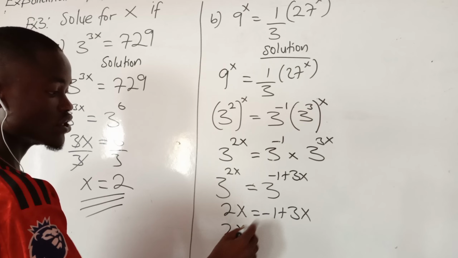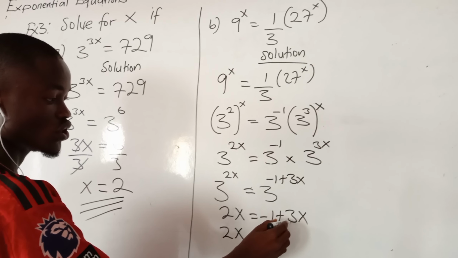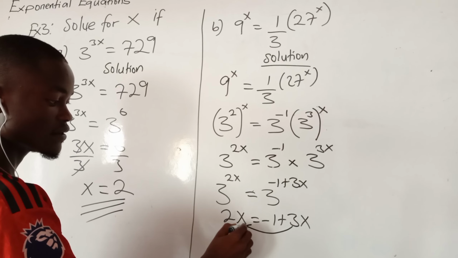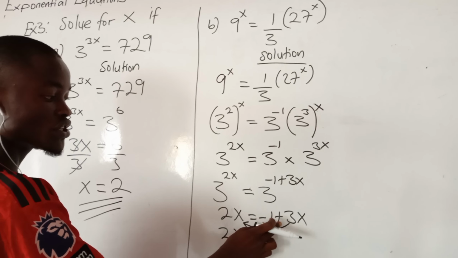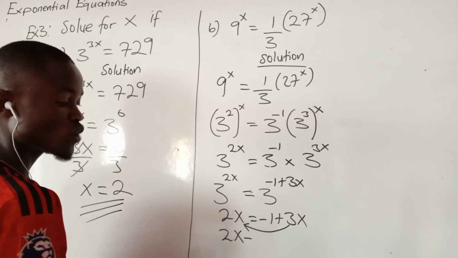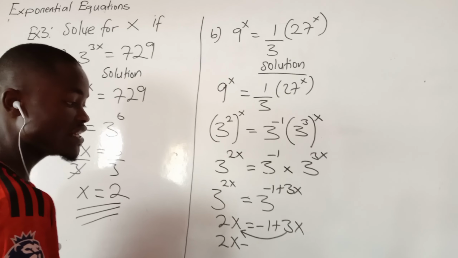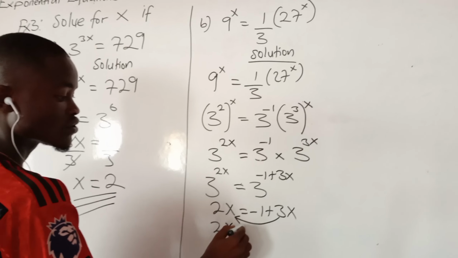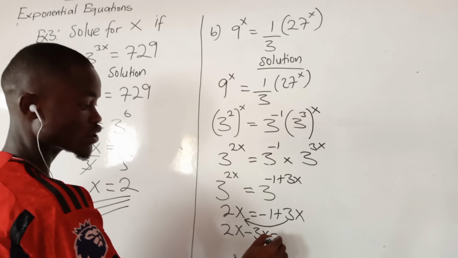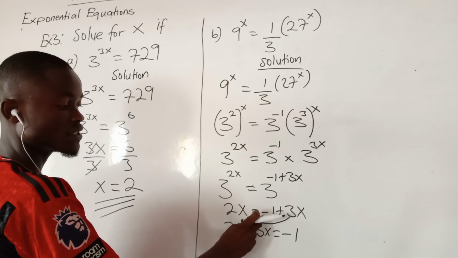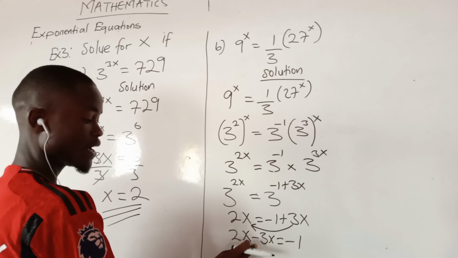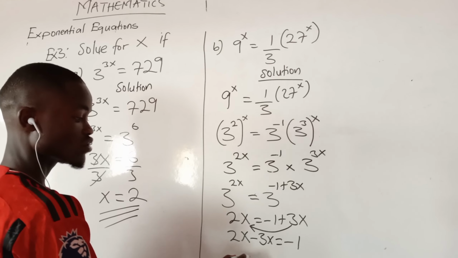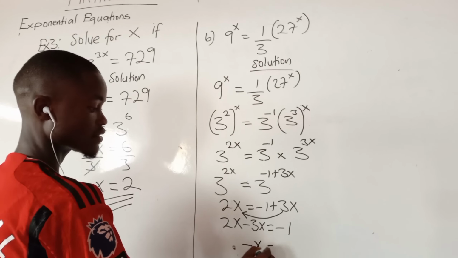So 2x, you transpose. You bring this plus 3x here, then the sign of it will change. So minus 3x equals minus 1. The sign for this will remain. So 2x minus 3x will give us minus x.